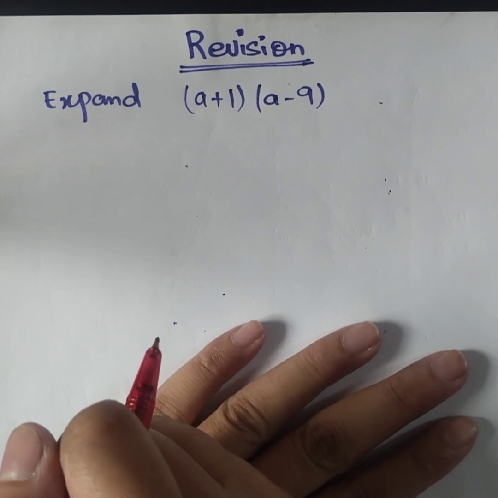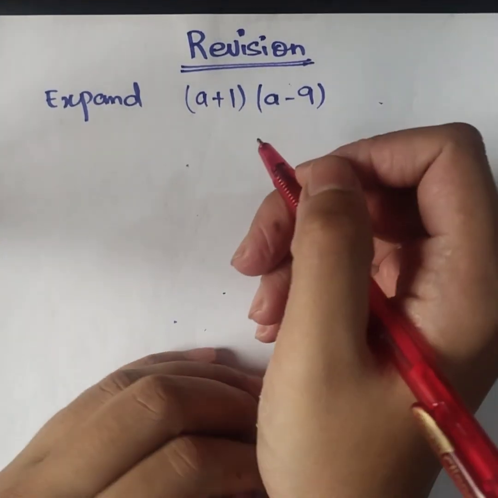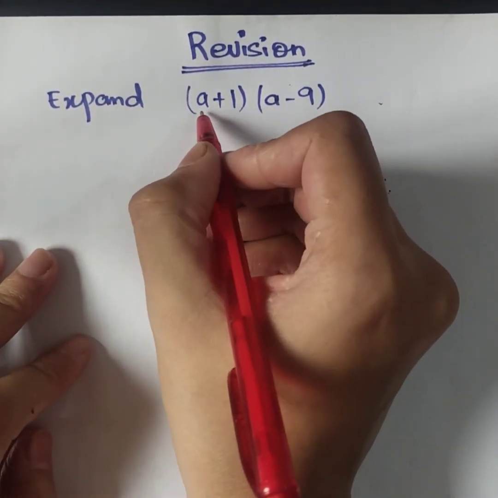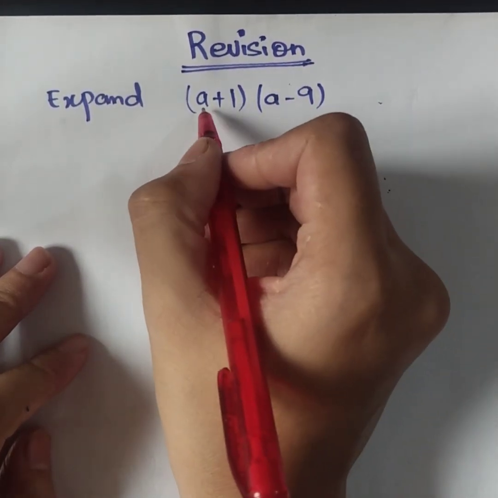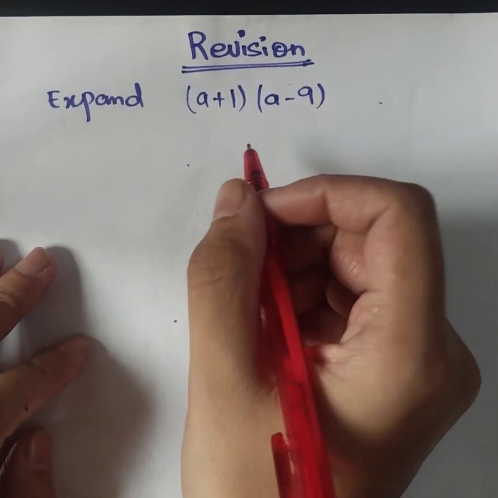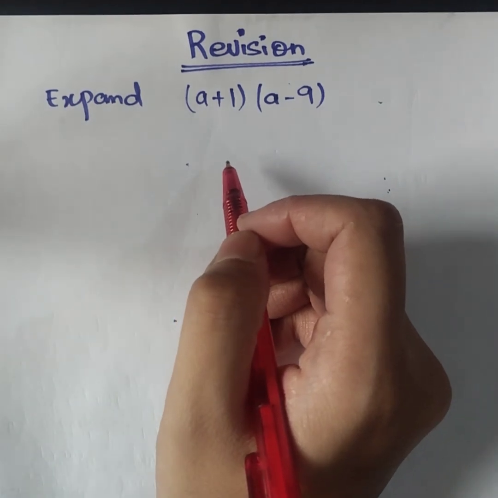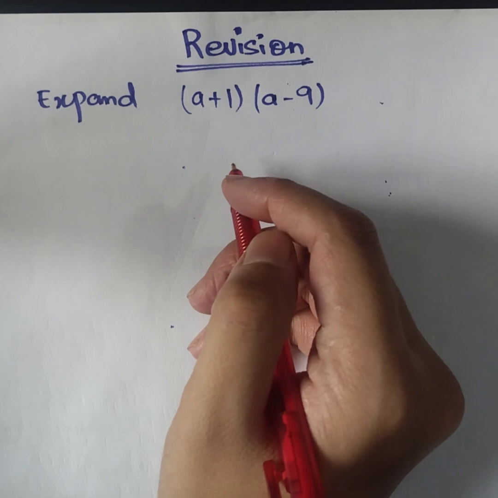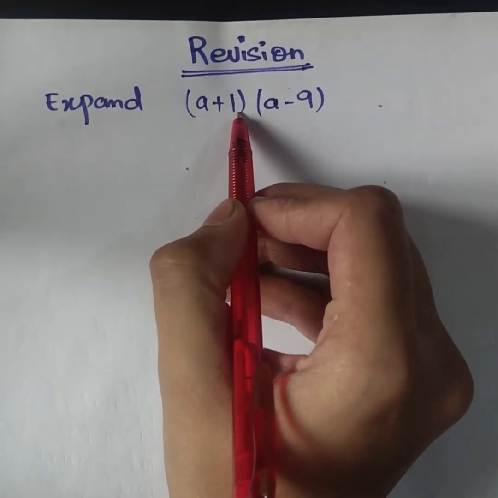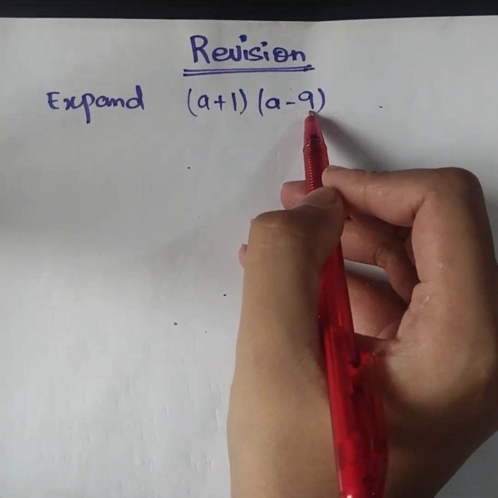Let's start expanding. What we will do, we have to multiply this bracket with this bracket. For multiplying this bracket with this bracket, you have to multiply each and every term with each other term. There are two terms and there are also two terms.